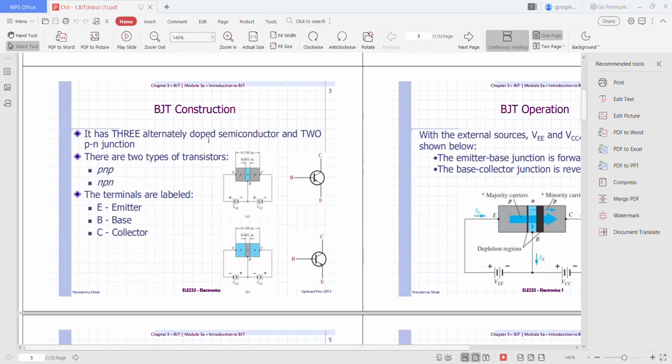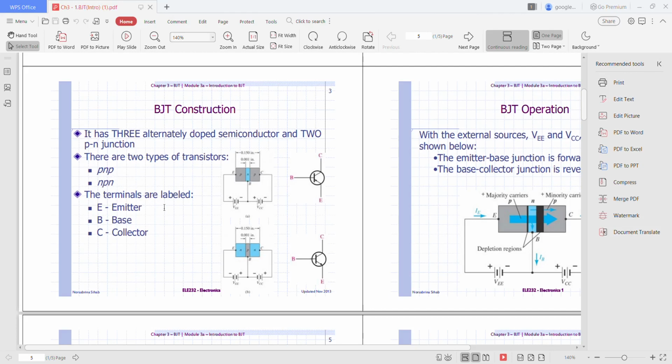Now let us look at the BJT construction. It has 3 alternately doped semiconductor regions and 2 PN junctions. There are 2 types of transistor, PNP and NPN.